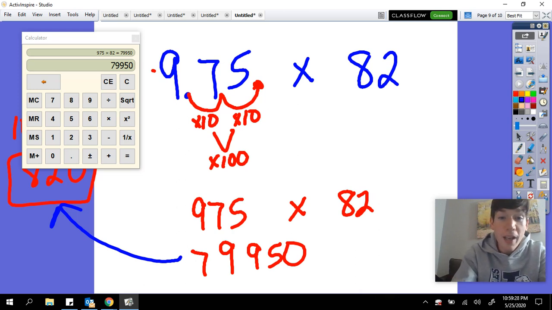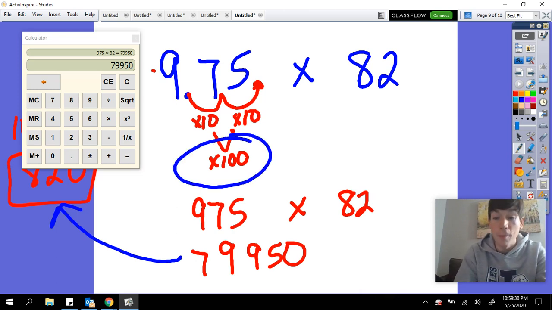Now, because we changed this problem by multiplying by 100, we have to undo what we did there. We made 9 and 75 hundredths into 975, which is 100 times too big. So in order to fix what we changed, we just have to do the opposite of multiply by 100, which is divide by 100. So I just have to take my answer, divide it by 100, and I have my final answer.